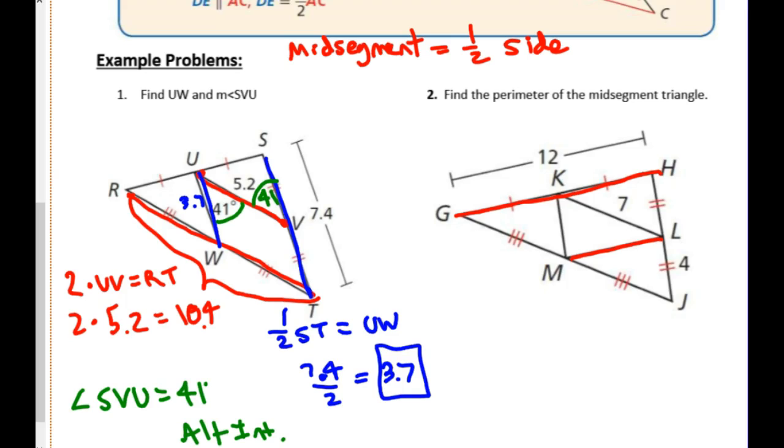So 12 divided by 2 is 6. Now, I also need to find KM. How am I going to find KM if I don't know HJ? Well, I know half of HJ, so LJ is 4. So 2 tick marks is 4, so this one's also going to be 4. The whole thing is 8. And then half of 8 for KM is 4.